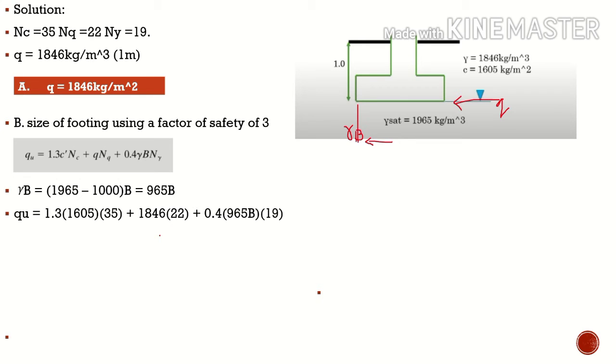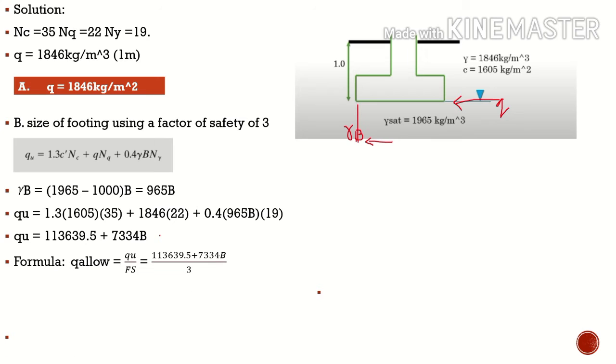So, we have an ultimate bearing capacity of 113,639.5 plus 17,334 B. Next is the formula for q allow, which is the ultimate bearing capacity divided by the factor of safety of 3.